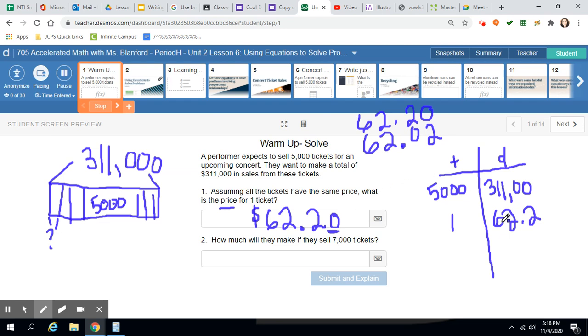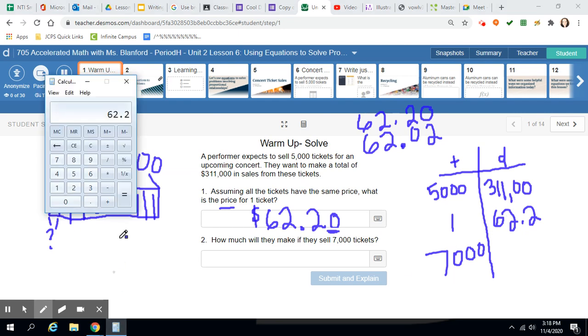Now, the second question of our warm-up said, how much are they going to make if they sell 7,000 tickets? So I know I have 7,000 tickets and we actually just figured out each ticket is $62.20.